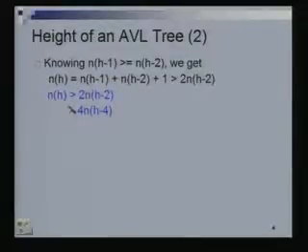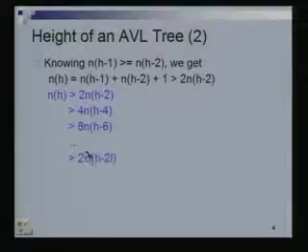So this implies the entire thing is more than 4 times n of h minus 4, which implies the entire thing is more than 8 times n of h minus 6. You understand how this comes? n of h minus 4 is more than 2 times n of h minus 6, and so on, which will eventually take us to something like 2 to the i times n of h minus 2i after i steps.